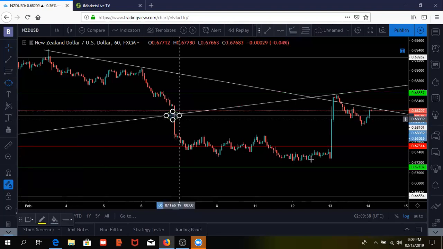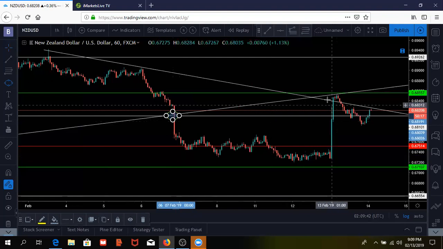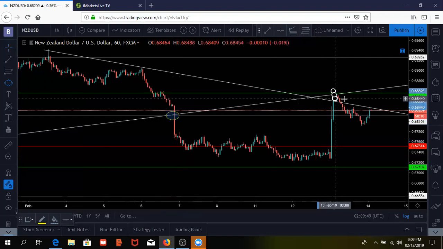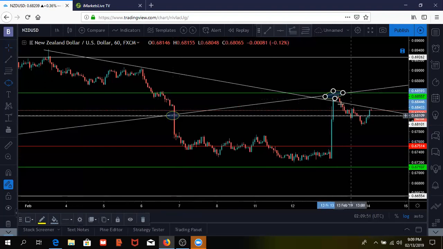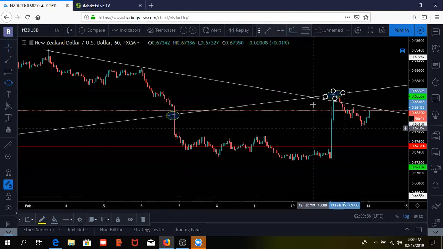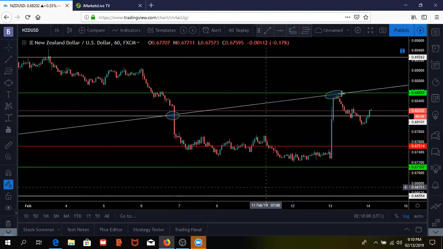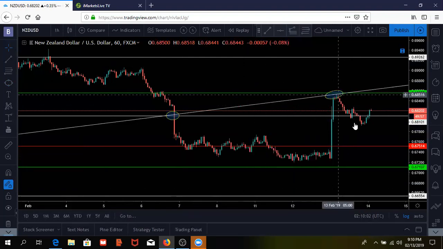This break, and then it came all the way back down and retested that trend line right here. This was the true retest, and then boom, it fell back into that zone. So this daily trend line that I have on top wasn't even there. So this is the retest right here, enter for a sell.